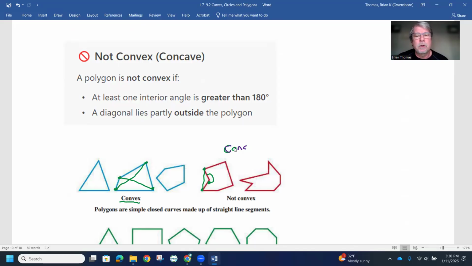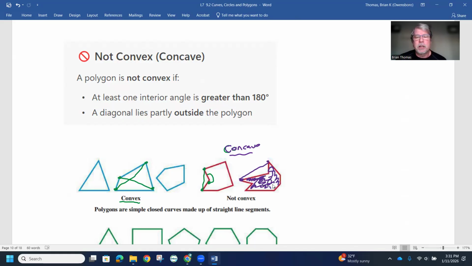Okay, so let me get this thing to cooperate with this here. So these would be examples of not convex, or we use this phrase concave. Notice how again, if I look at this diagonal from here to here, notice that this diagonal is outside the actual polygon. Notice that the polygon is this region here.